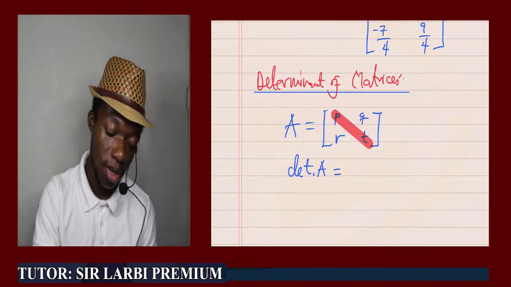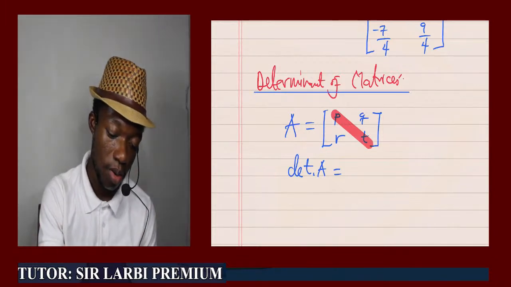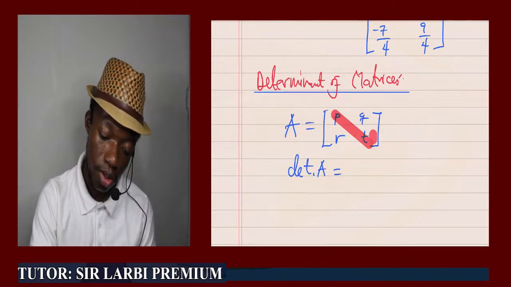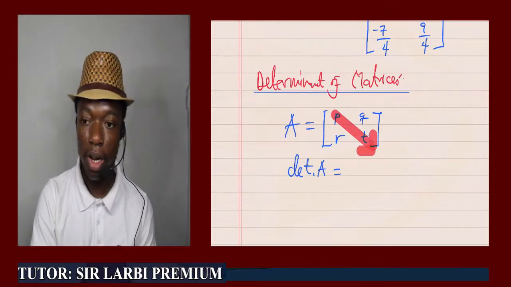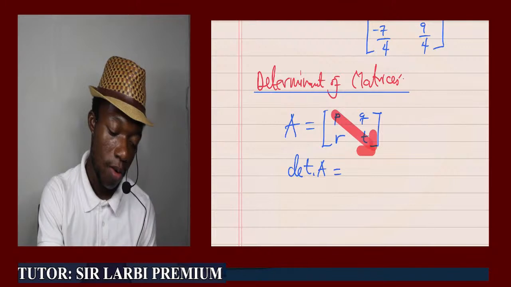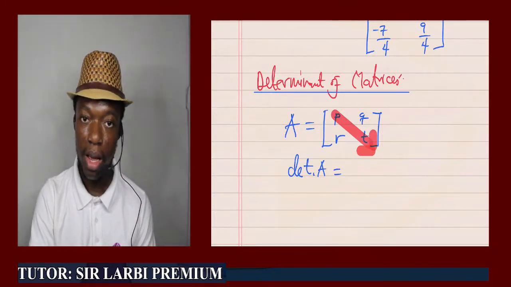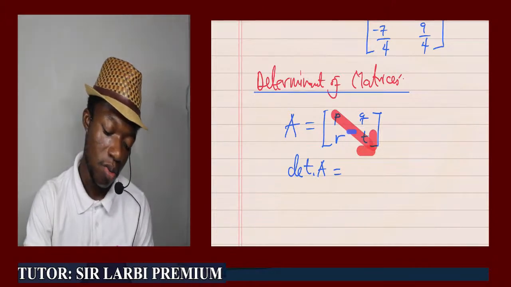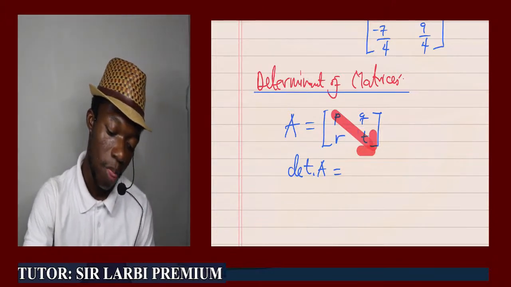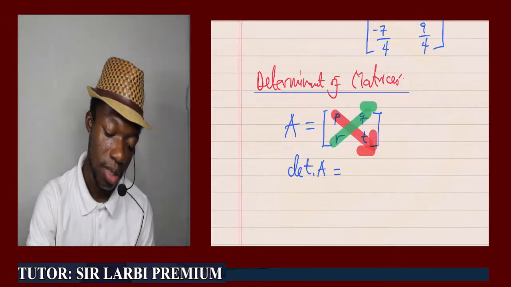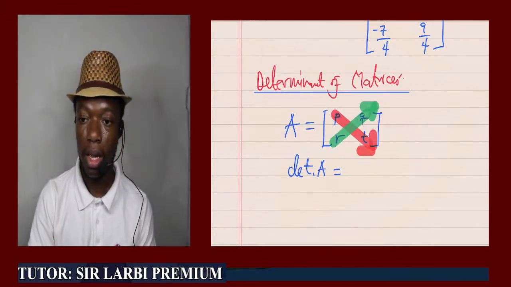So you have a downward approach like this, right? You find the product of the downward entries, and then you compare it with the product of the upward entries.